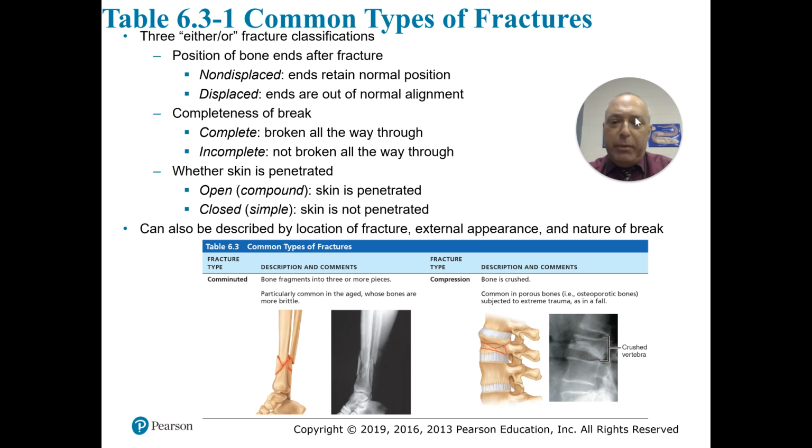There's a complete break, which is a break all the way through, or an incomplete break, not all the way through. There is also whether the skin is penetrated or not. So an open or compound break is when the skin is penetrated. A closed or simple break is when the skin is not penetrated.